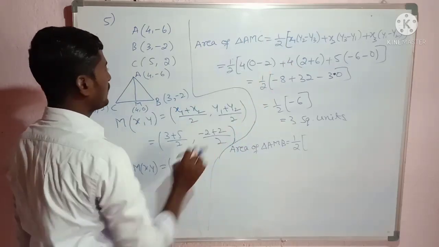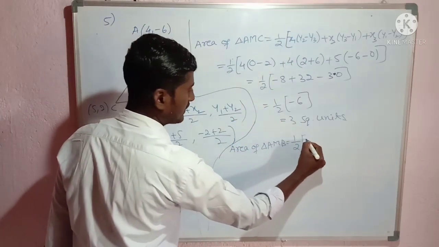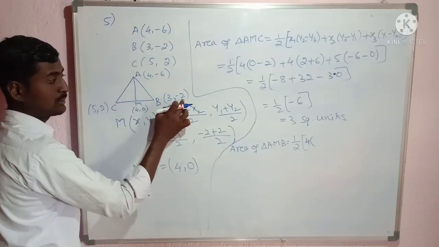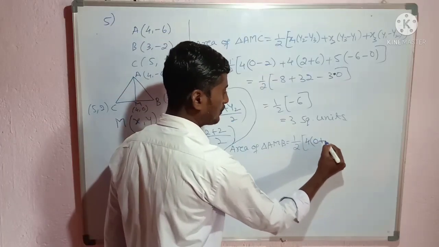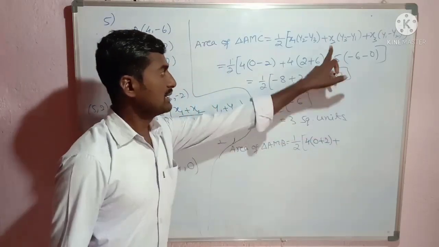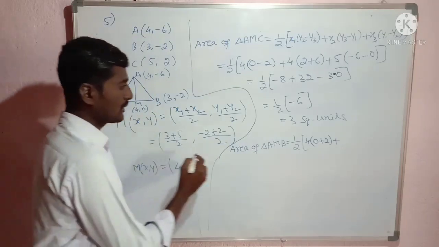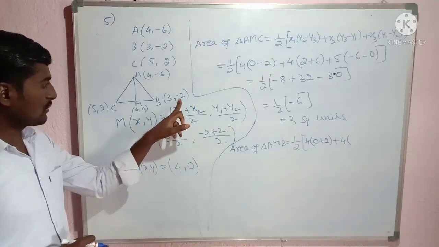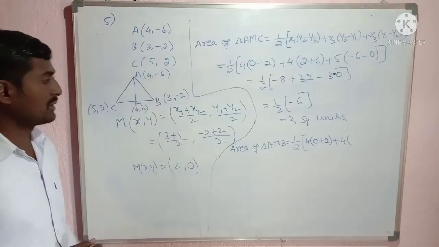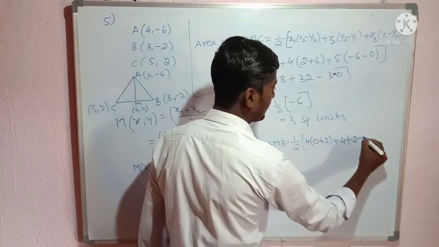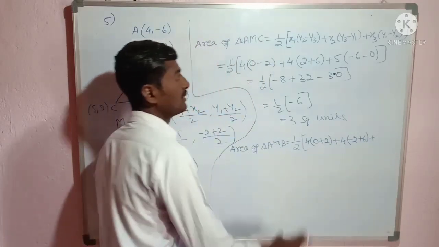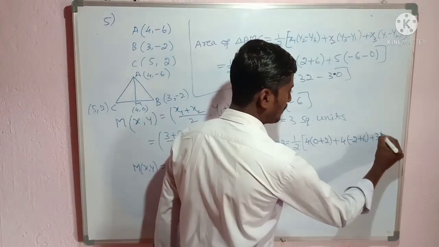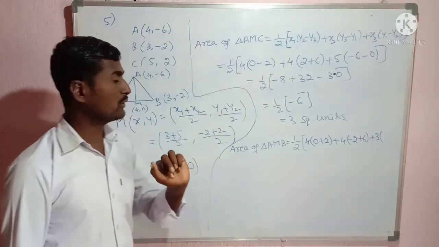First is x1 into y2 minus y3. The y2 value is 0, minus into minus plus 2, that is 0 plus 2, plus x2 into y3 minus y1. Here the x2 value is 4, and y3 is minus 2, minus into minus plus 6, that is minus 2 plus 6, plus now x3 into y1 minus y2 in the formula.